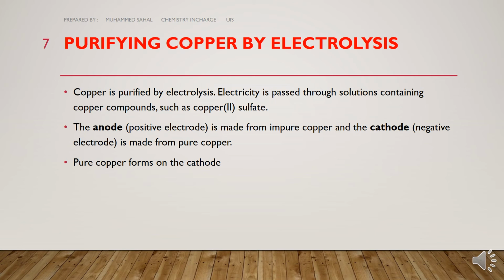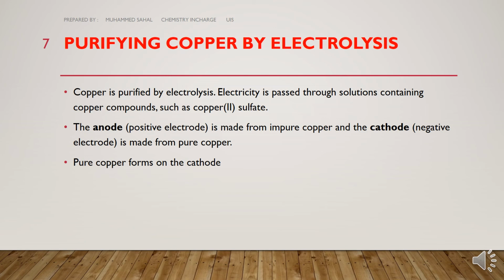Even small amounts of impurities cut down this conductivity quite noticeably, whether in fine wires or larger cables. For this purpose, we want 99.99% pure copper. To ensure this level of purity, we want to purify copper. That is possible through electrolysis.